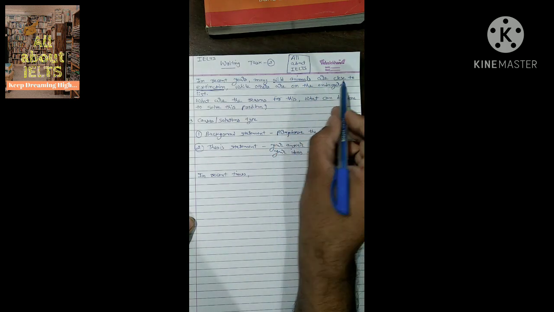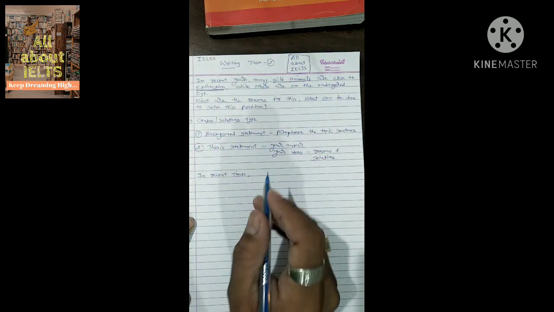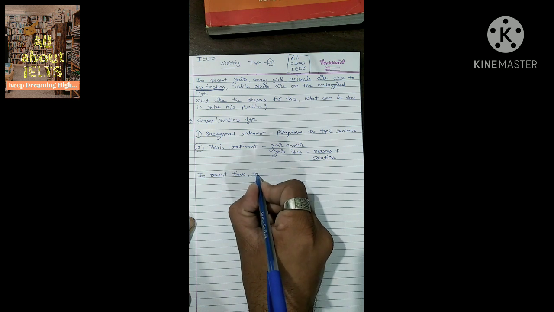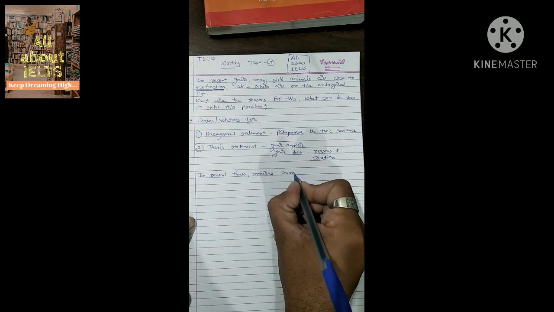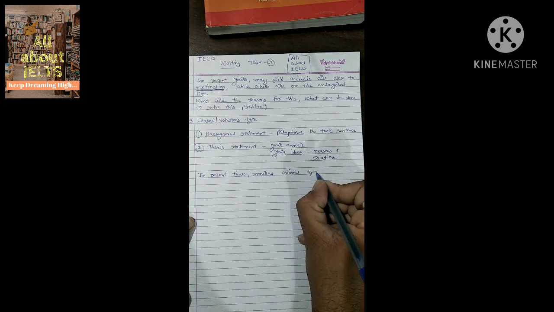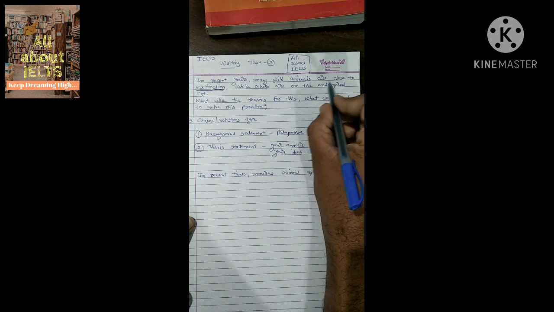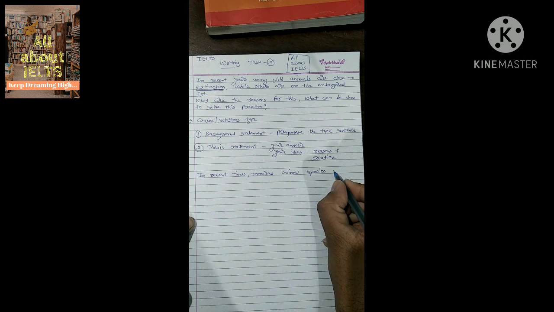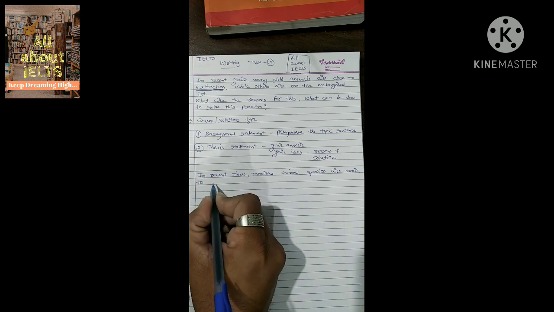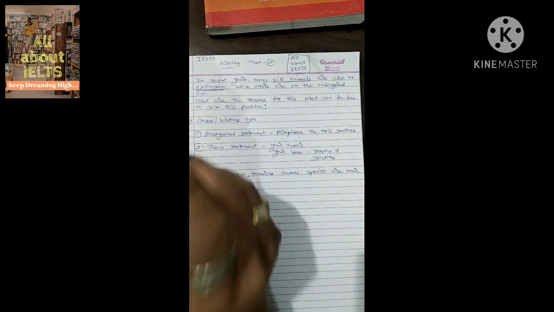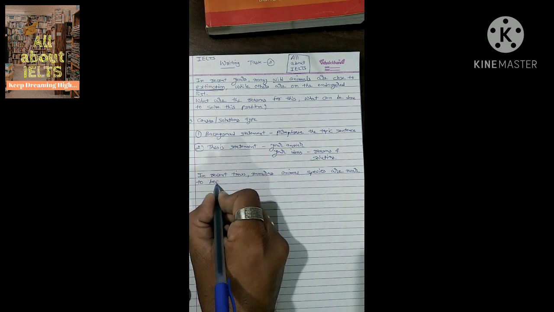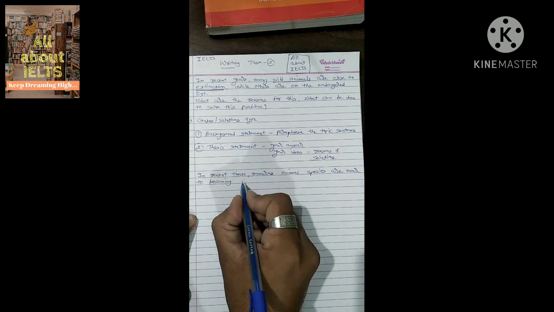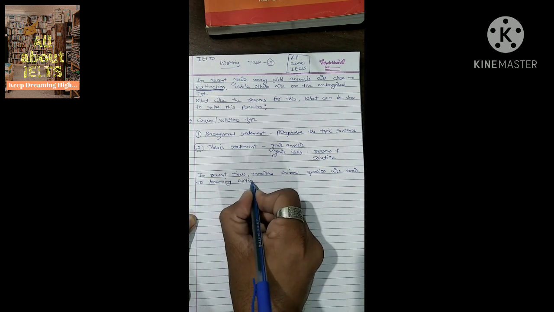Many wild animals are close to extinction. Now many wild animals, we can say here numerous animal species are close to extinction, are near to, close to extinction can be written down as are near to becoming extinct.